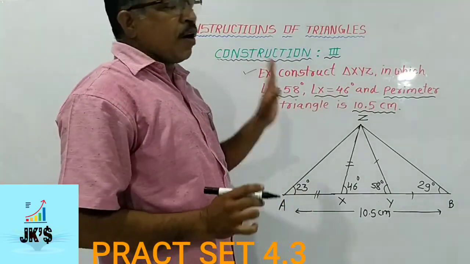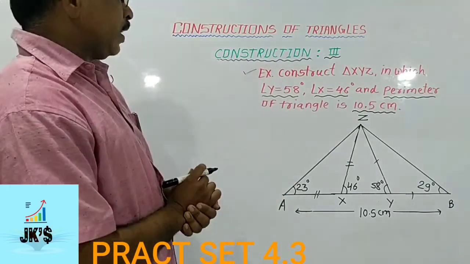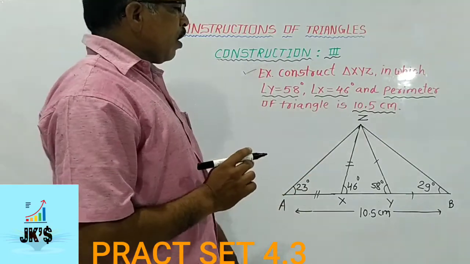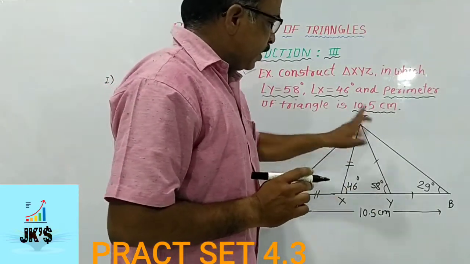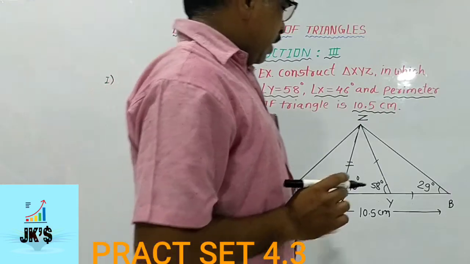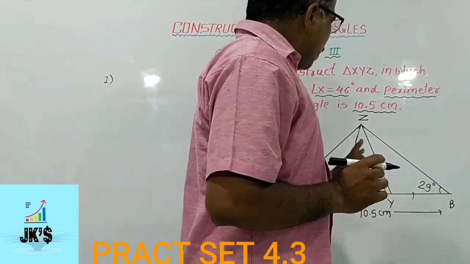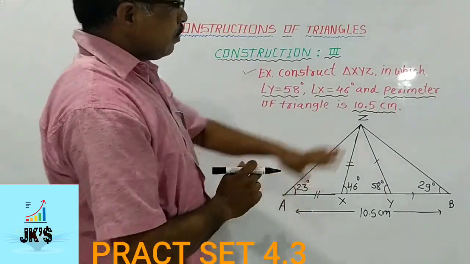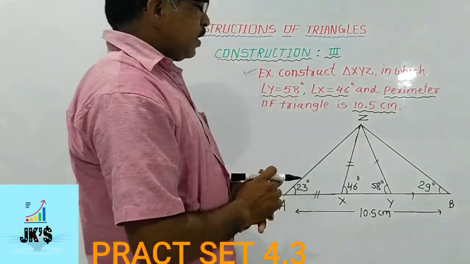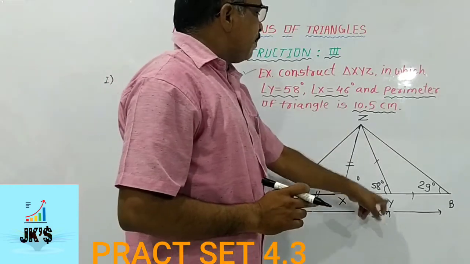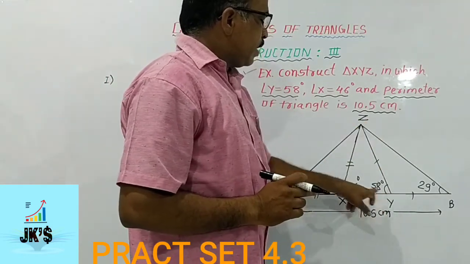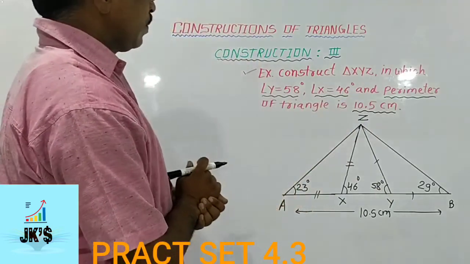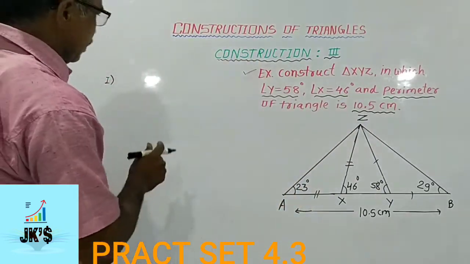Perimeter means the sum of all sides of the triangle is given. So for this we have to draw the triangle XYZ such that X equals 46 degree, Y equals 58 degree, and the sum of all the sides, that is XY plus YZ plus XZ, is the perimeter.